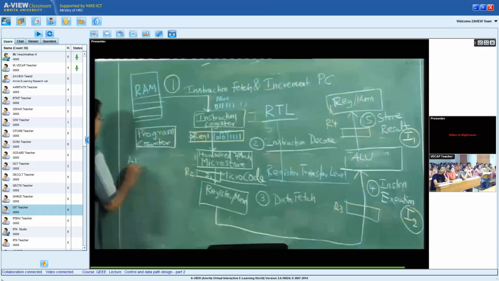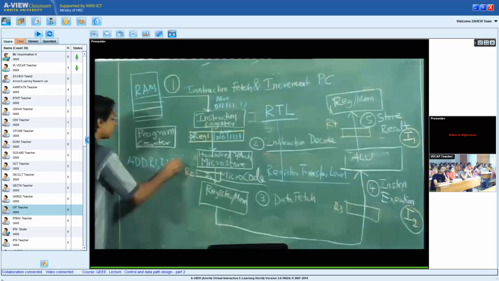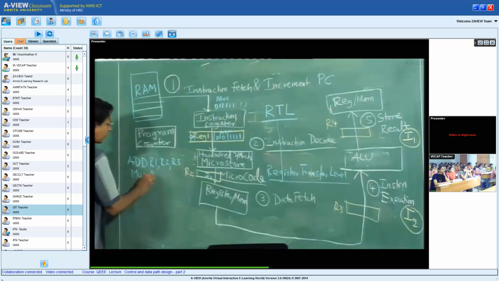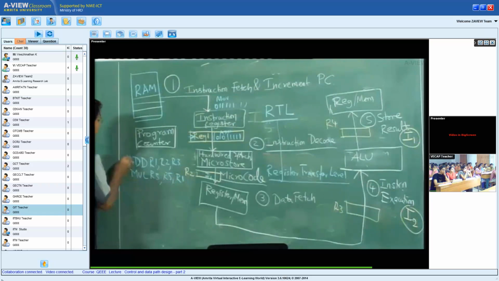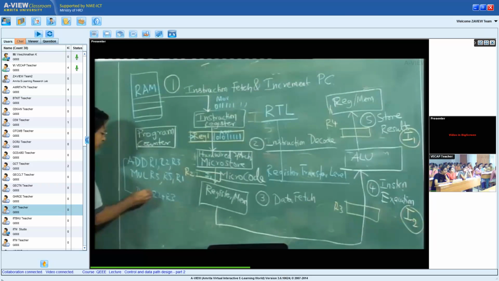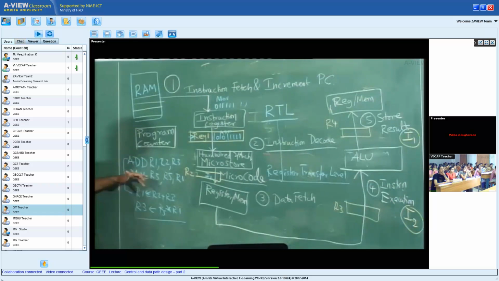For example, let me say I have add R1, R2, R3, and I have multiply R4, R5, R1. What will add do? R1 equals R2 plus R3, and what will mult do? R3 equals R5 times R1. Now, let me take this as I1 and this as I2.